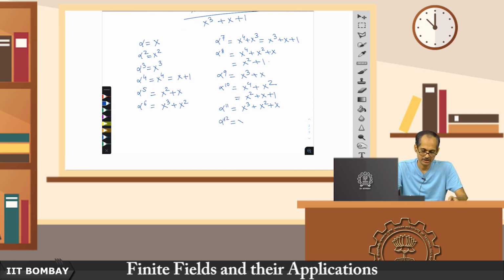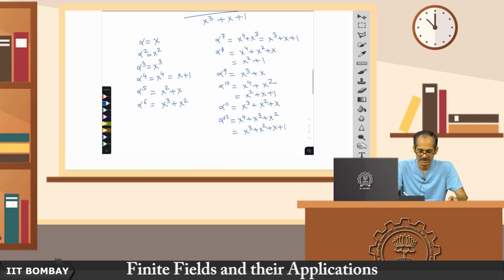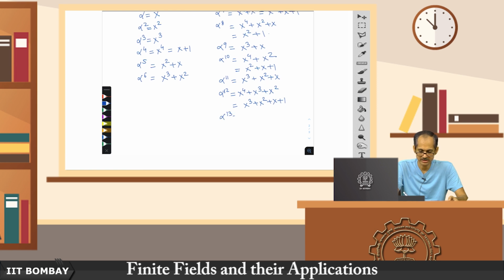So, we can continue. Alpha power 12 is x 4 plus x cube plus x square. When we divide by x 4 plus x plus 1, it is x cube plus x square plus x plus 1.